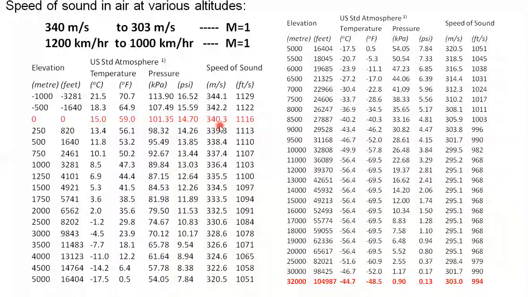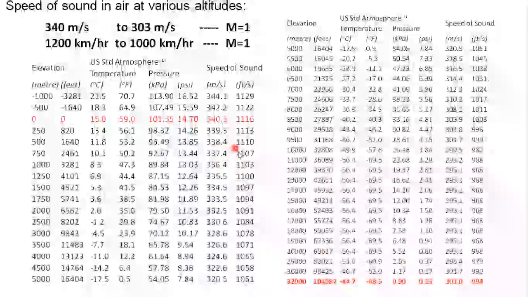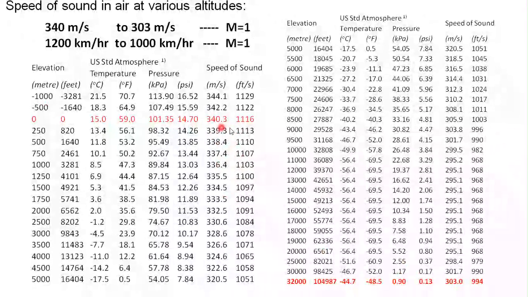regimes. Okay, so in your numerical also, if you find this velocity that is nearly around 340 meter per second, then you can guess your Mach number is around 1 or less than 1. But if your velocity is, let's say, 600 meter per second, then you can guess your Mach number is 2.